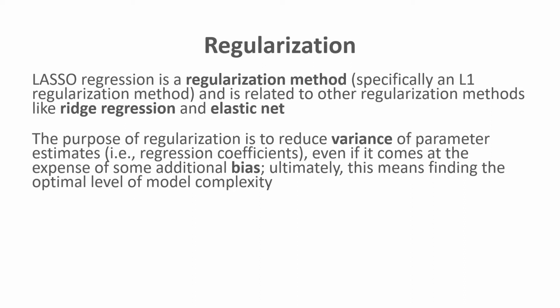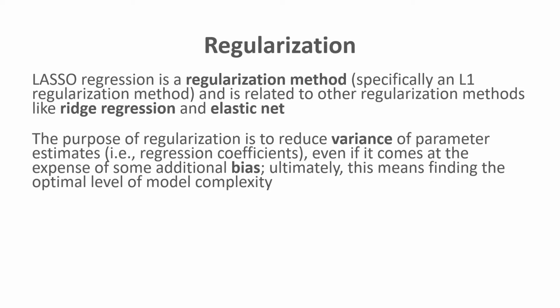Now, the purpose of regularization is to reduce the variance of parameter estimates, which, for example, are the regression coefficients. And this is true even if the reduction in the variance of parameter estimates comes at the expense of introducing some additional bias. Ultimately, this is going to mean finding the optimal level of model complexity.